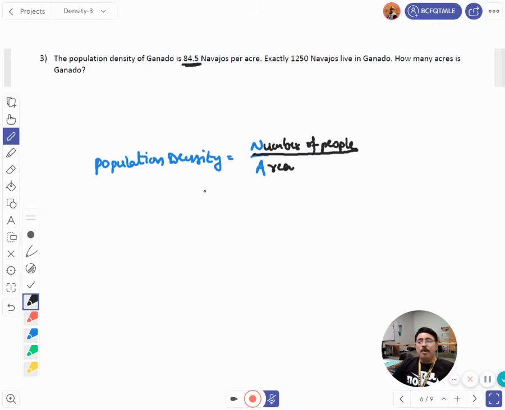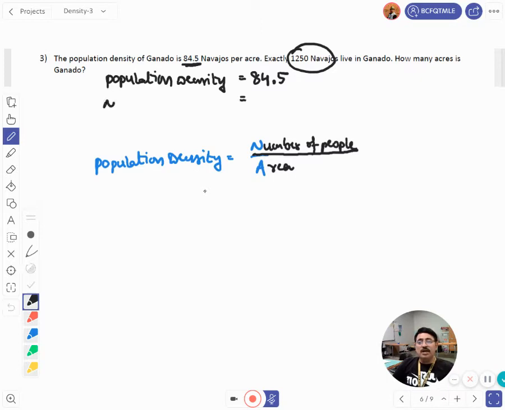So let me write the details. Population density equals 84.5 per acre. Exactly 1,250 households live in Ganado.